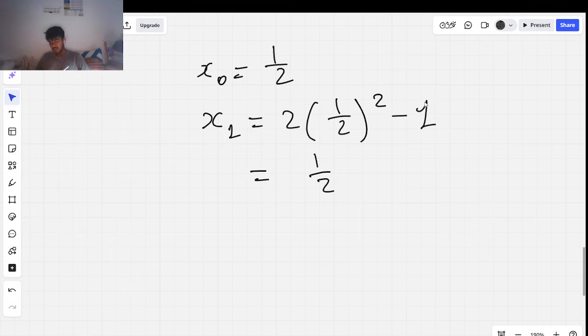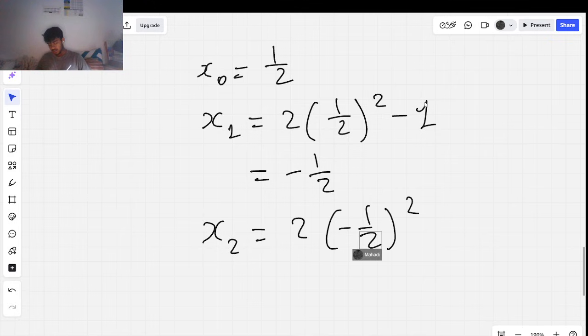This is a half minus 1, which is minus a half. x2 is 2 times minus a half squared minus 1, and this is going to be, again, a quarter times 2, half minus 1, minus a half. x3 is going to be, it's going to always be minus a half.